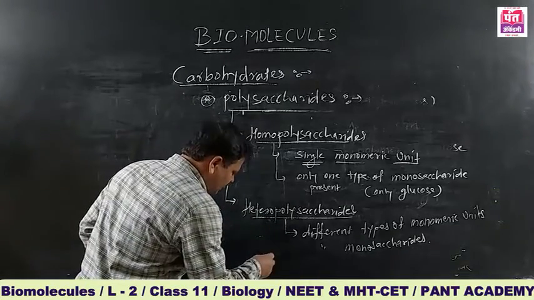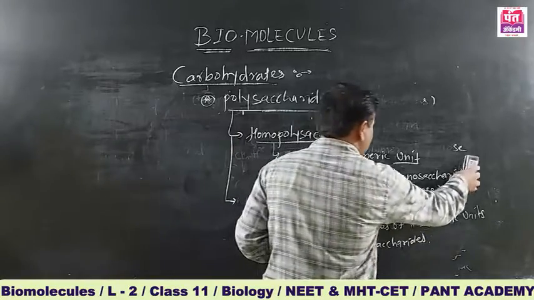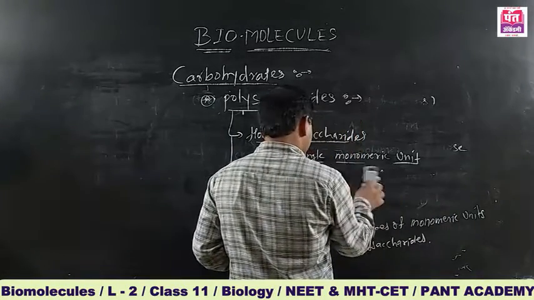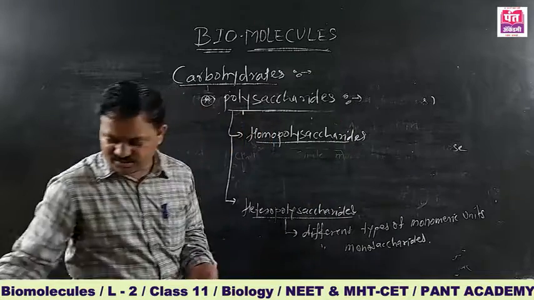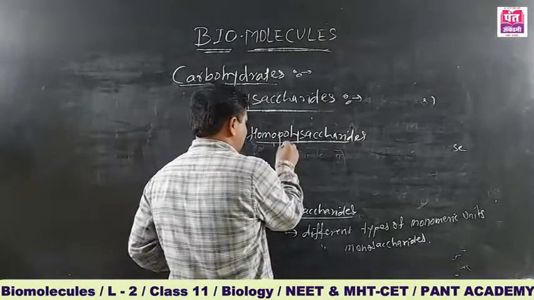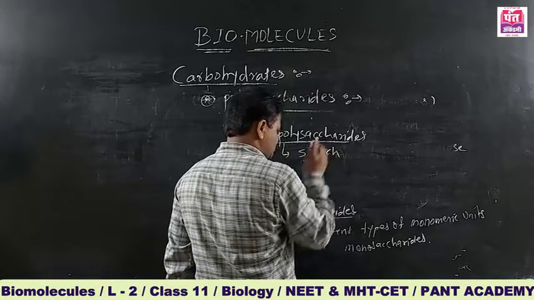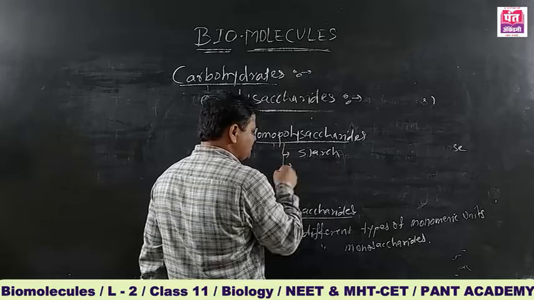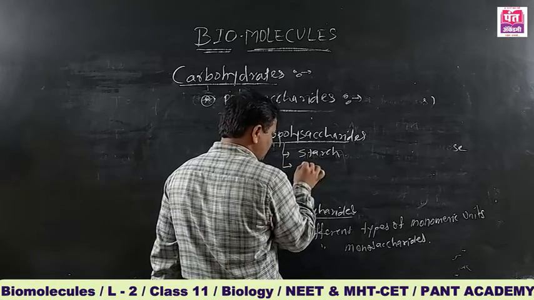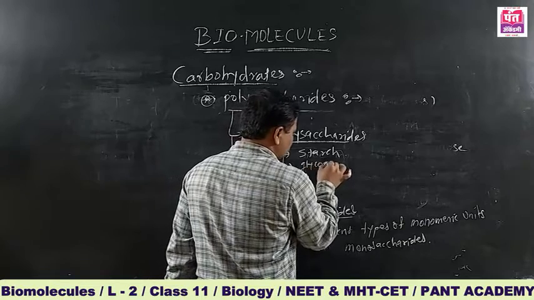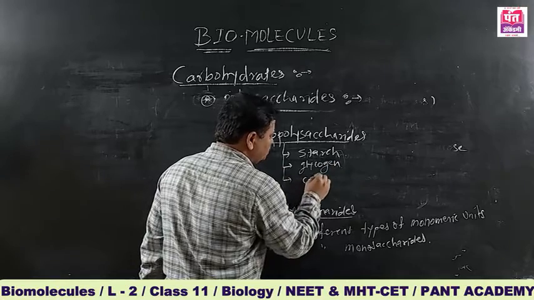There are different examples of these polysaccharides. For homopolysaccharides, there are three common examples. Starch is a homopolysaccharide. Then we can think of glycogen, and third, cellulose.